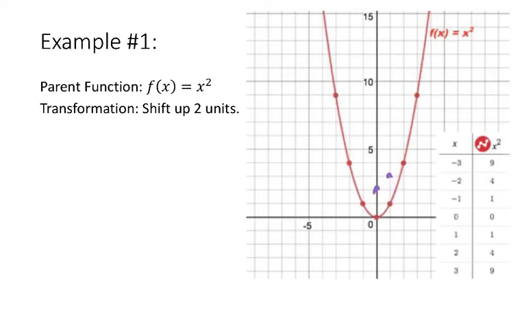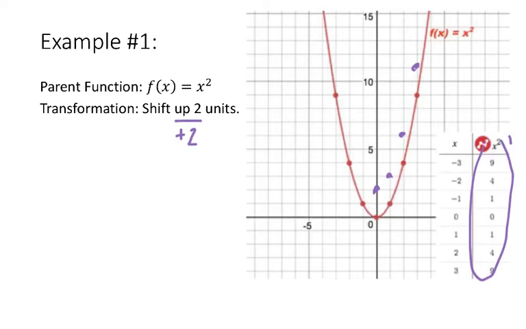And so if you notice, each time that we end up moving this, we're not moving or changing the x value, we're just changing that height or that y value. So if we think about that, especially in a table idea, that means that every one of these y values, this is the y column here, would add a 2. And again, that's because of up 2, which really means plus 2.